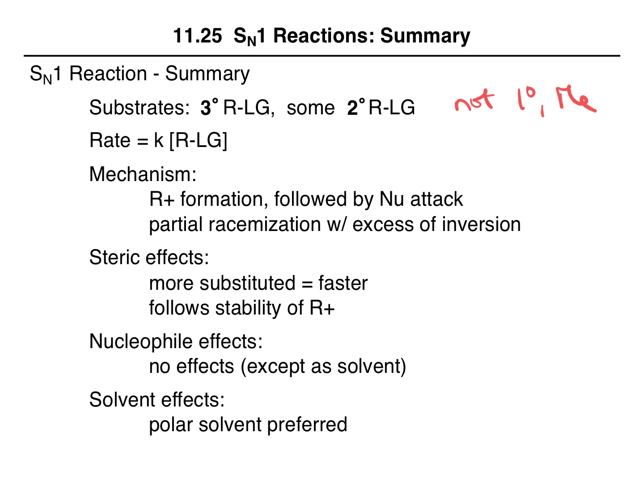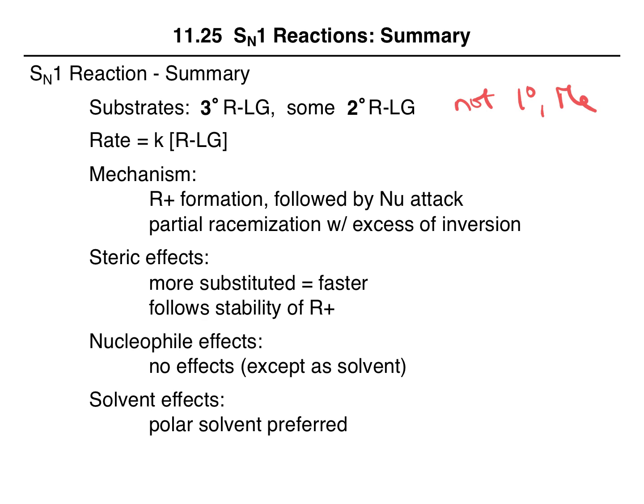For substrates that have a chirality center, the SN1 mechanism leads to partial racemization with an excess of inversion. How much inversion depends on how stable or unstable the carbocation is. Steric effects: the more substituted, the faster. And so the overall rate of the reaction follows the stability of carbocations.